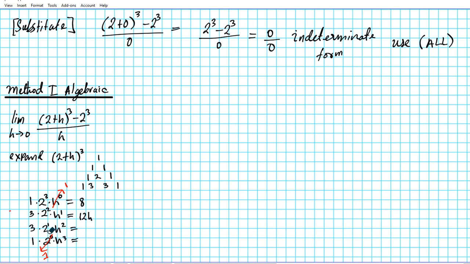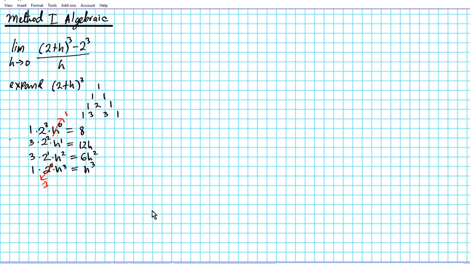And then 2 times 3 is 6h squared. And then lastly, we have h to the third power. So when we expand 2 plus h to the third, we're going to get 8 plus 12h plus 6h squared plus h to the third power.